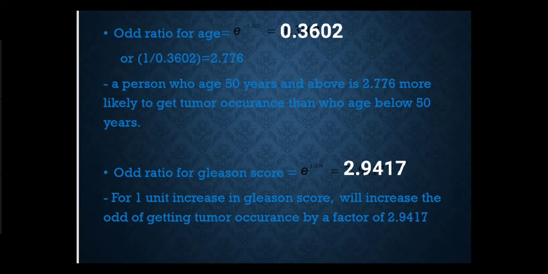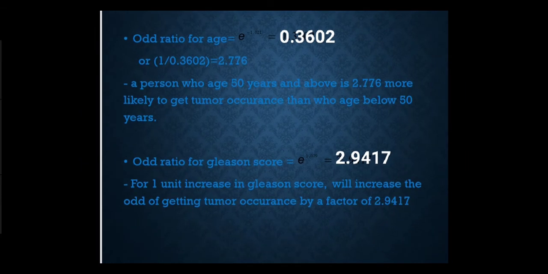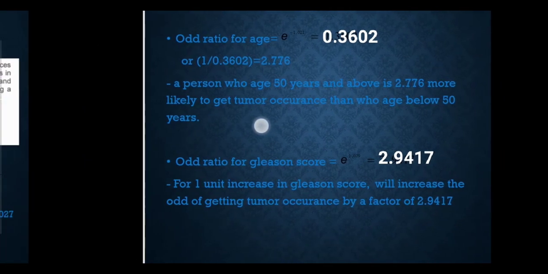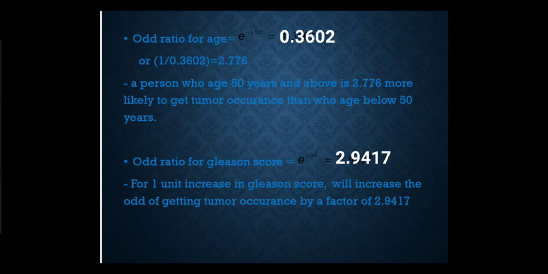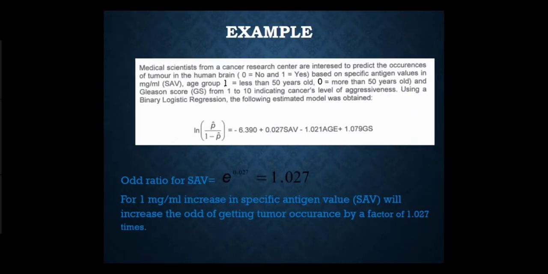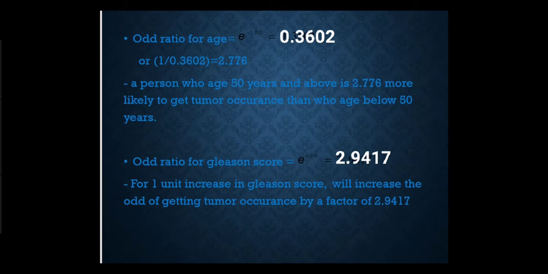So we can say a person who is 50 years and above. Why? Because 1 is less than 50 years old, but because we converted 0.3602, we can interpret based on that 1. This 1 is less than 50 years old, but we convert it into the form 1 over 0.3602, which will be 2.776.